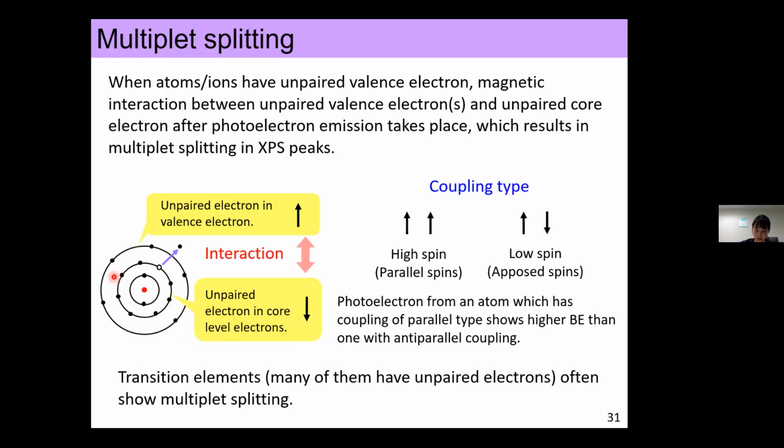If the atom or ion has unpaired electrons in the valence level, these unpaired electrons can interact with each other. There are two types of coupling, high spin and low spin. High spin appears at a higher binding energy region than low spin. Since many transition elements have unpaired electrons, they often show multiplet splitting.